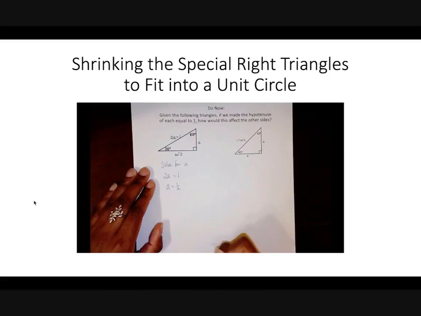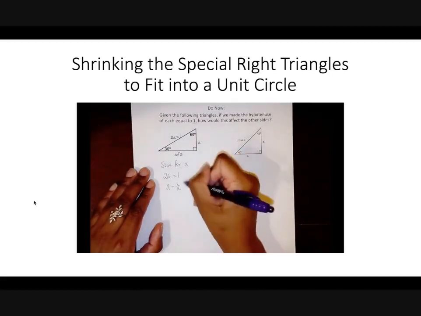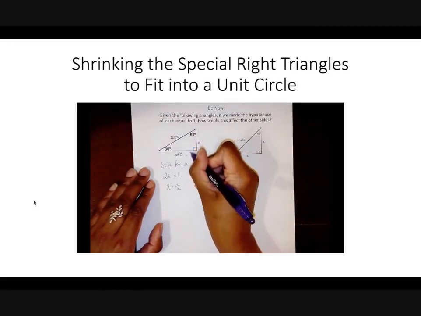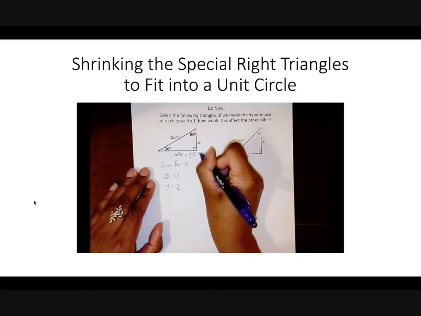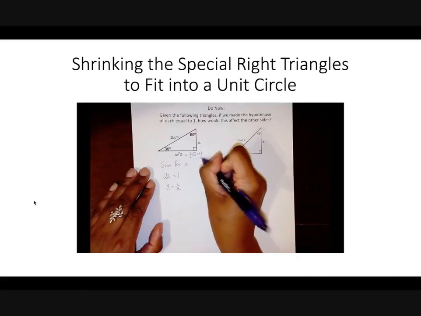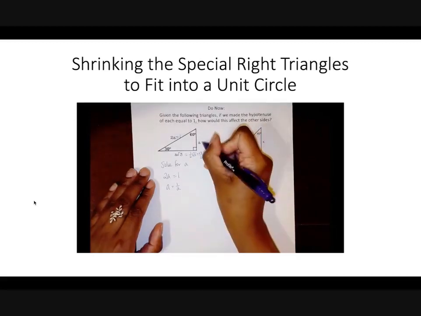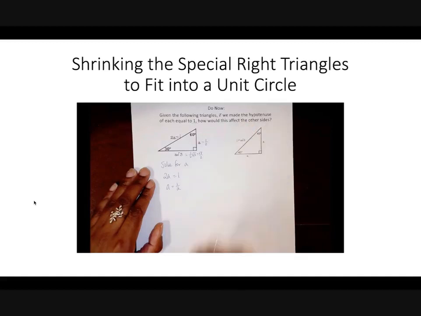And now, if a is equal to 1/2, it follows that you can add 1/2 here times the square root of 3, or square root of 3 divided by 2. And also here, a is 1/2.